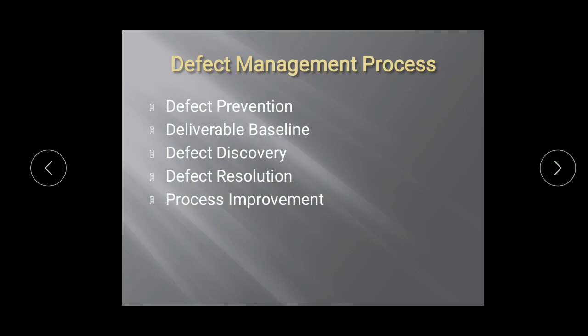Process improvement also involves activities that can predict potential software defects from test data. So further we can improve the software, and defect-free test data can be made. So this is process improvement.